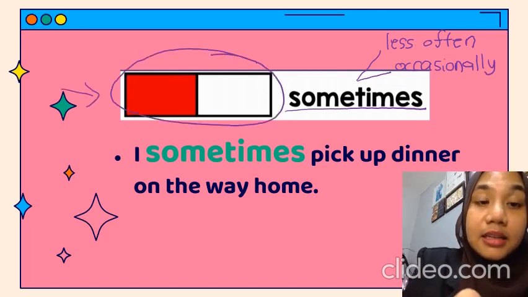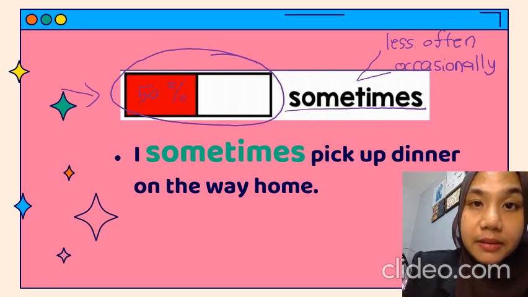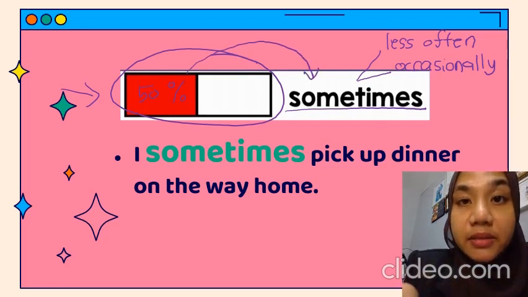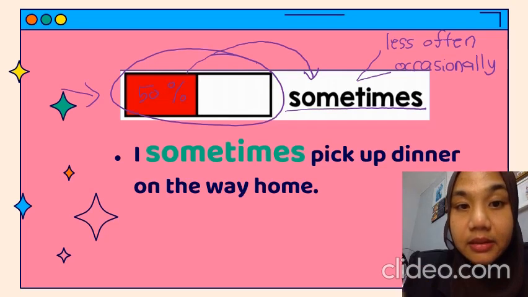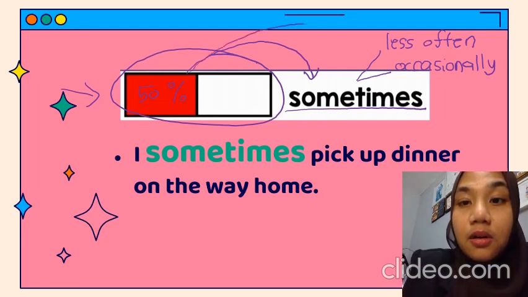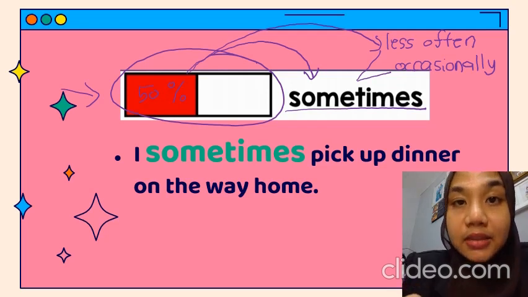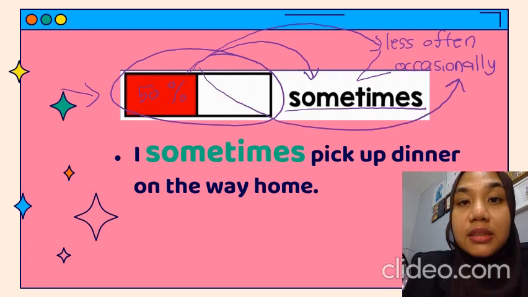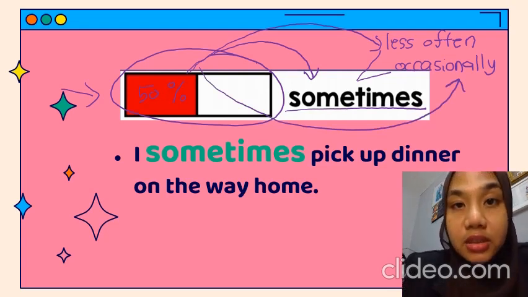The red color fills only 50% of the bar. This means this action happens sometimes, or you do this action less often, or you do this action occasionally.